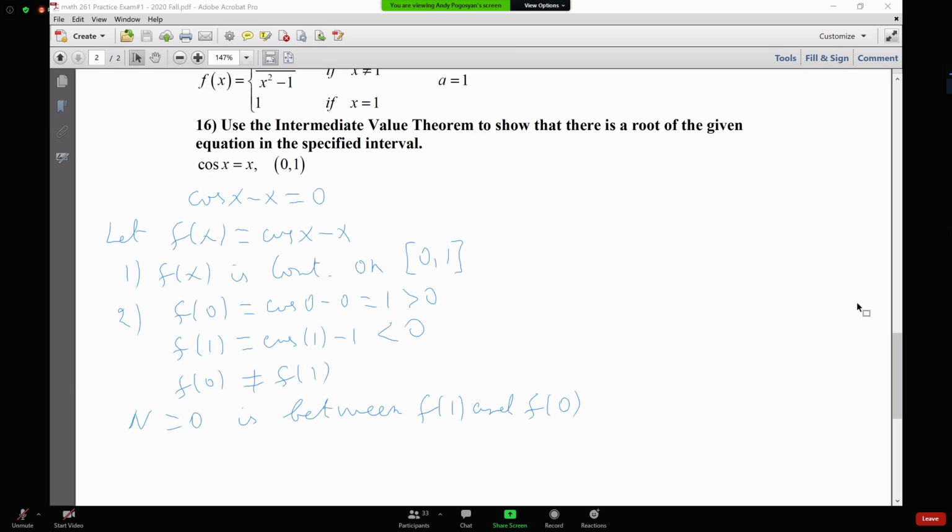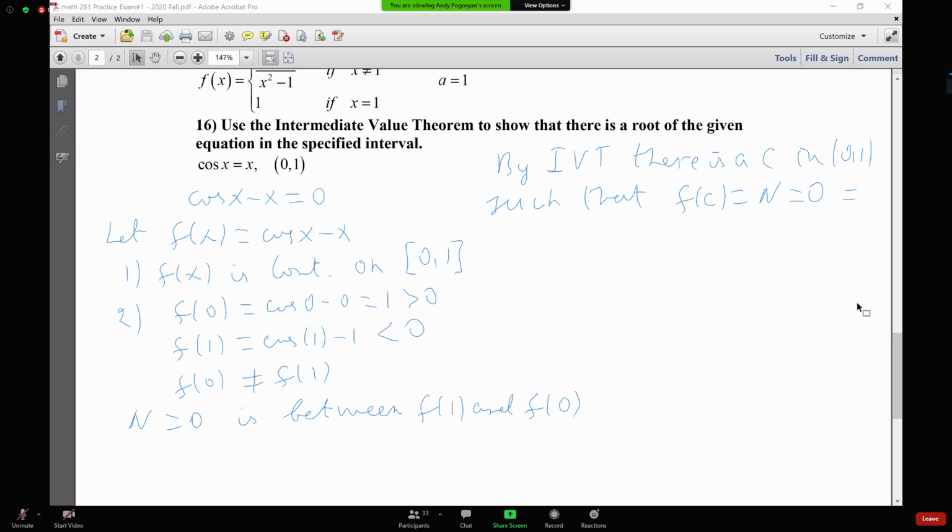So by the intermediate value theorem, there is a C in [0, 1] such that f at C equals n equals 0.